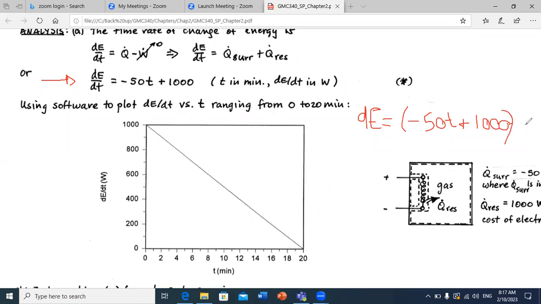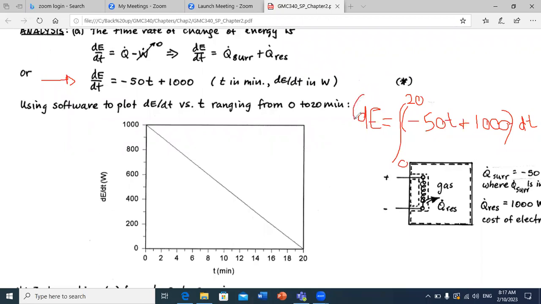And now we integrate. We are interested to find the variation of energy between 0 and 20 minutes. So from 0 to 20. And here we integrate.